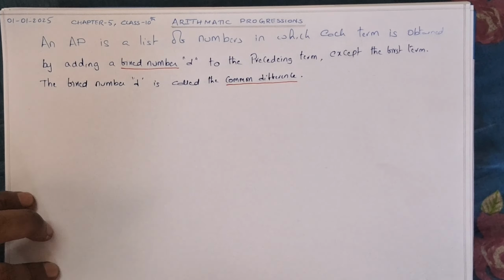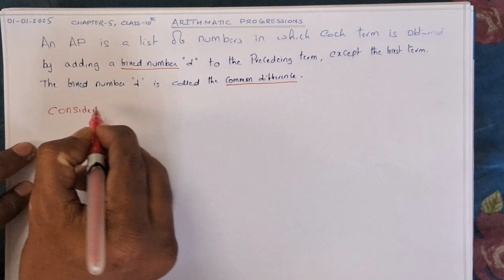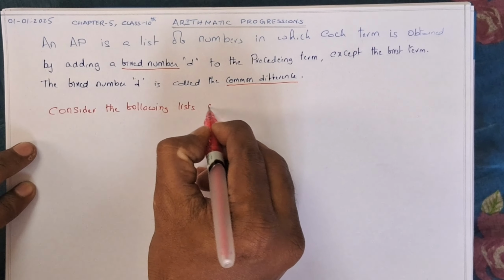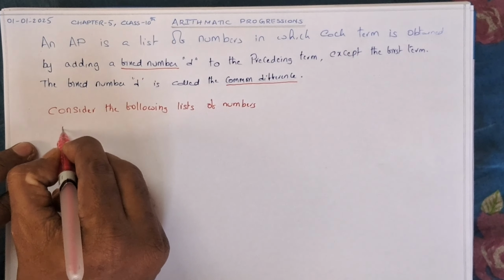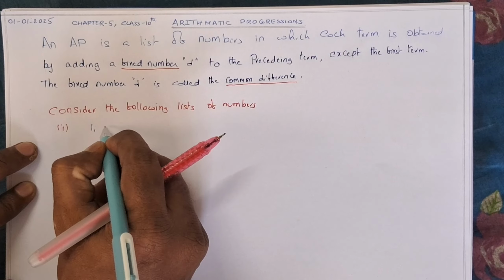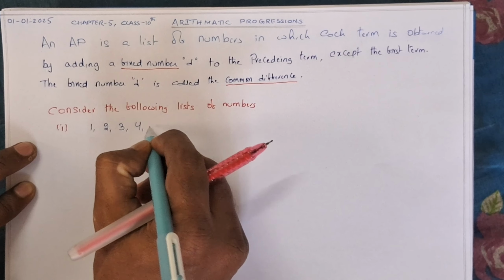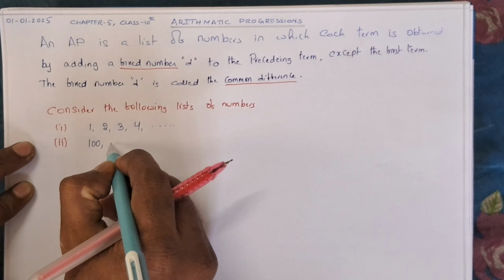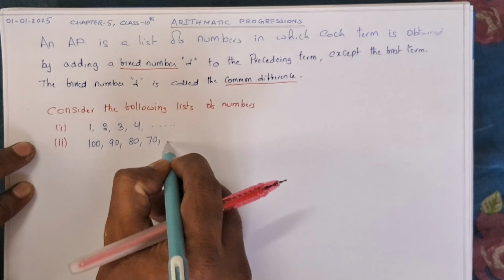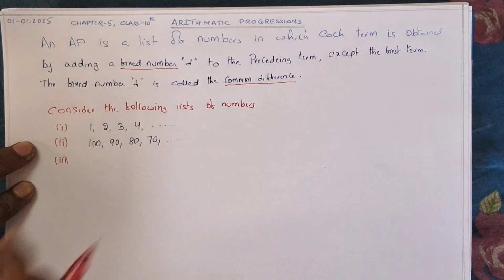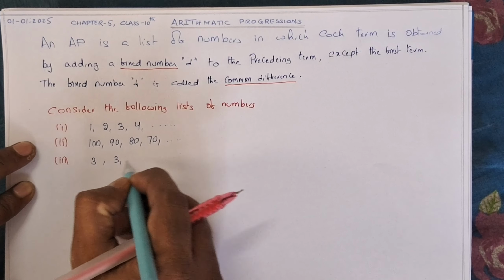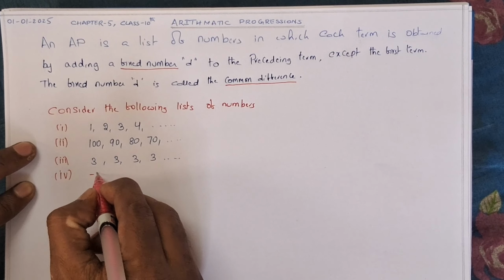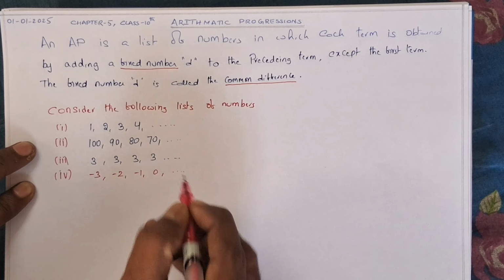You will see some of the patterns. Consider the following list of numbers: 1, 2, 3, 4 and so on. 100, 90, 80, 70 and so on. 3, it is in a certain pattern. -3, -2, -1, 0 and so on.